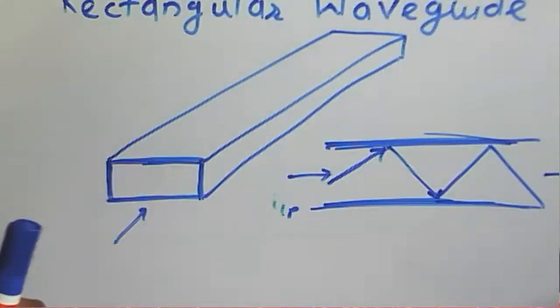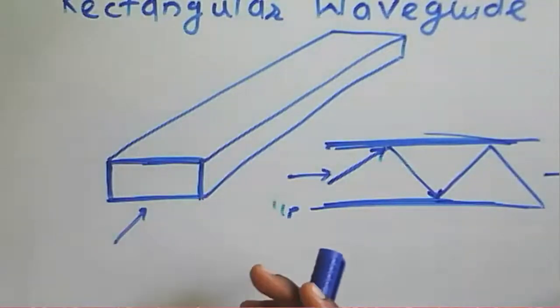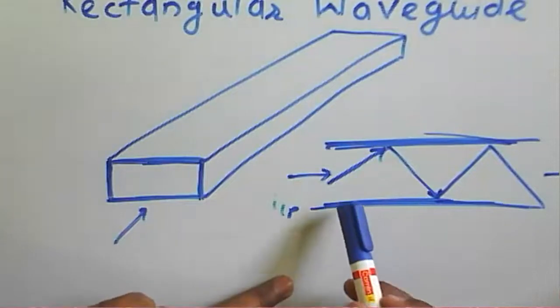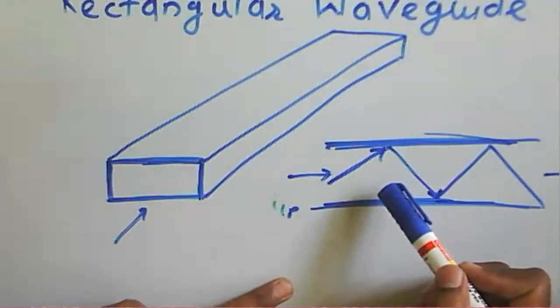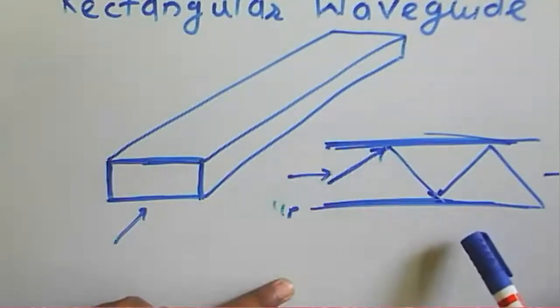Now we see how your wave is propagating: the wave is propagating through this guide through the phenomenon of reflection.